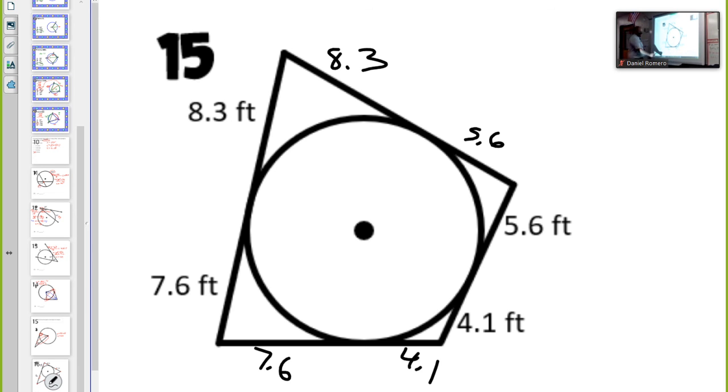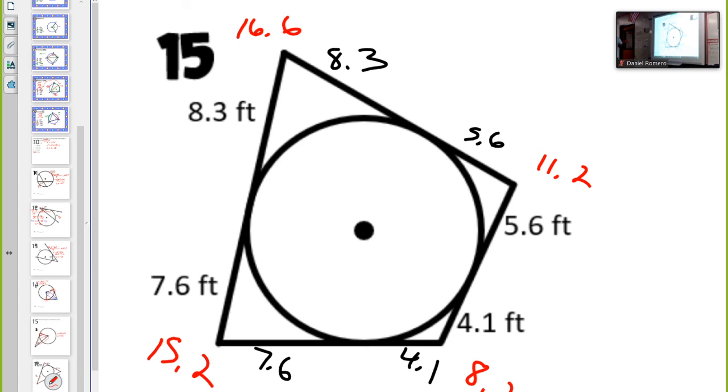So these two together are 15.2, these two together are 16.6, these two together are 9.2, these two together are 8.2. So 15 and 8 is 23, 39, 50, 51.2. Is that what you got?